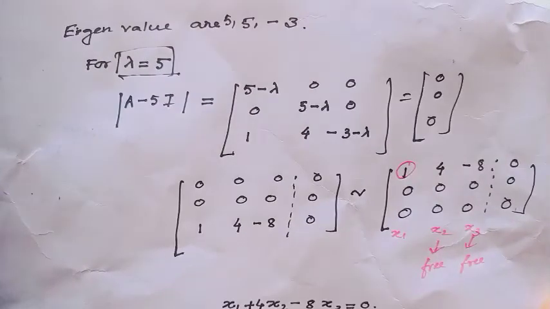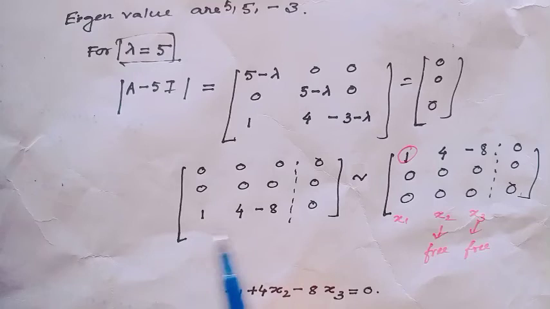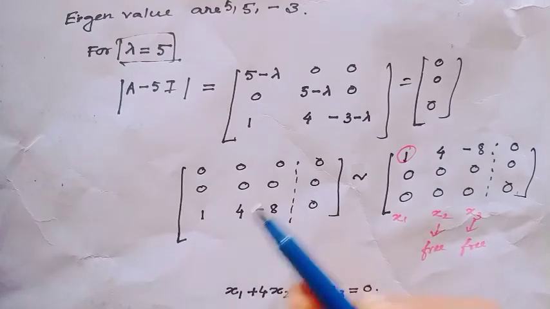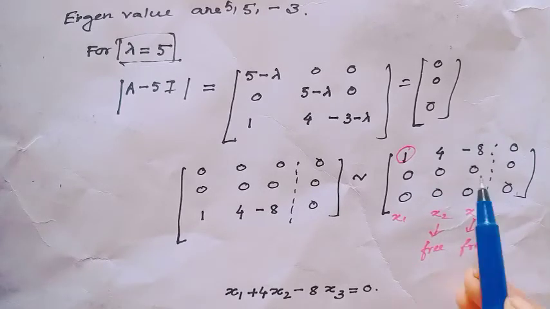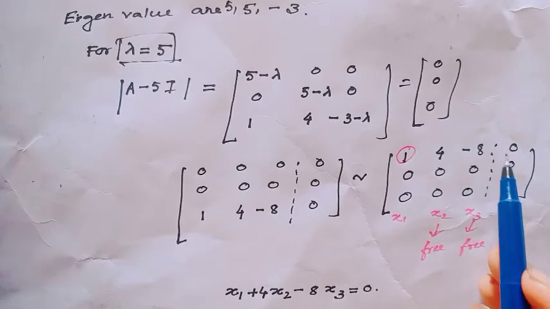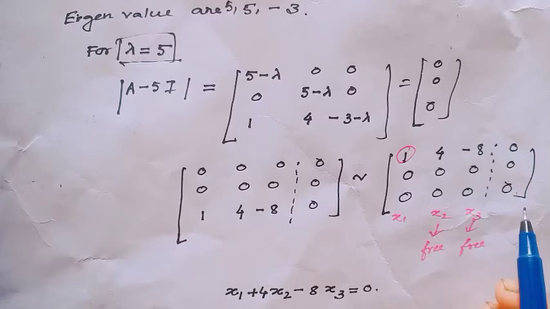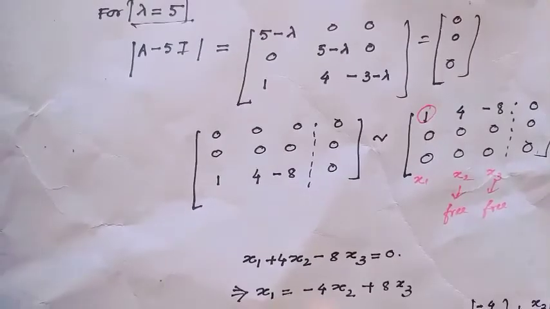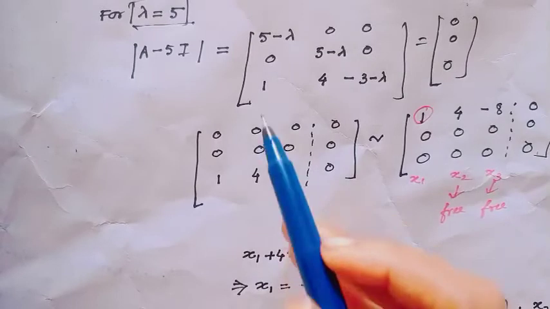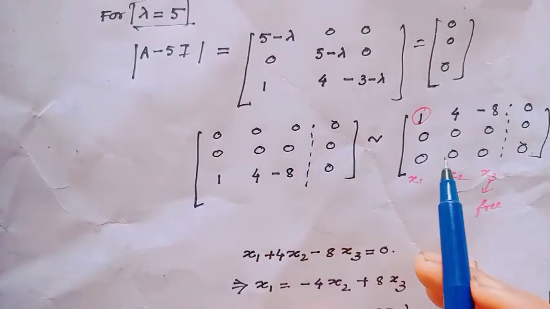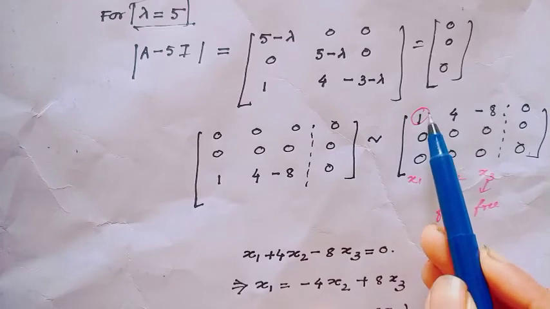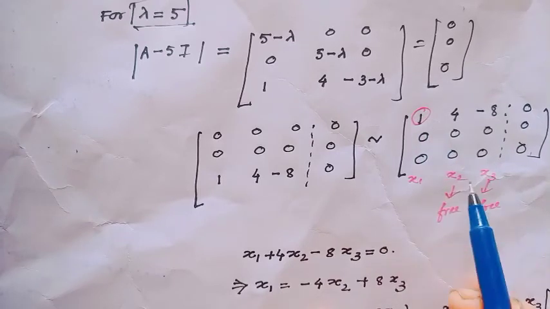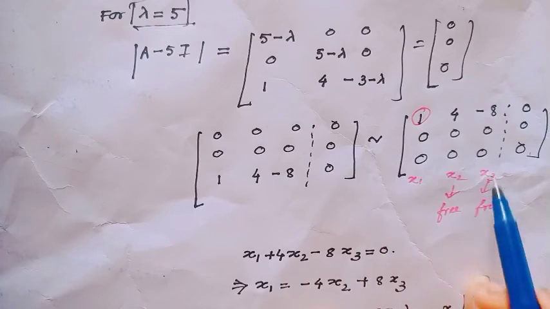And notice, if we extend the row, 1 4 minus 8, 0 0 0, 0 0 0 equal to 0 0 0, this is the augmented matrix of this matrix, and here 1 is a pivot, and x2 and x3 are the free variables.